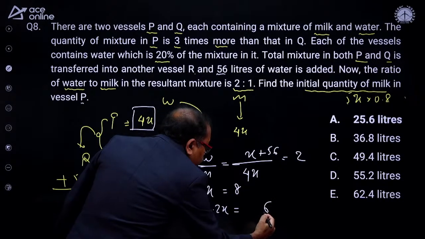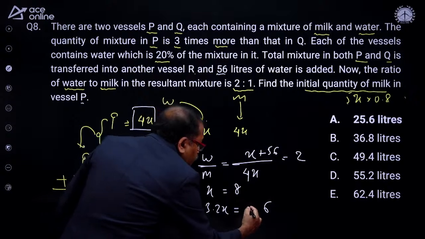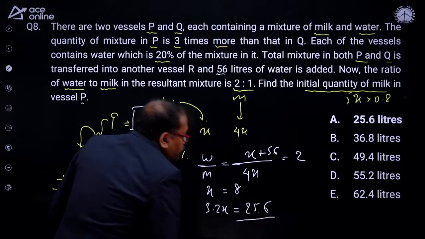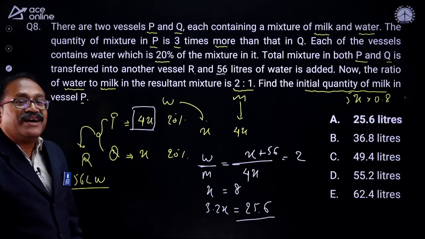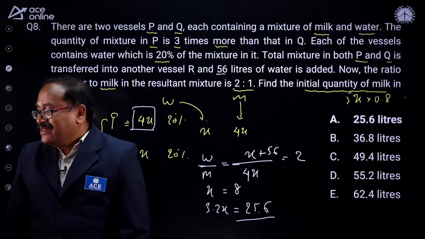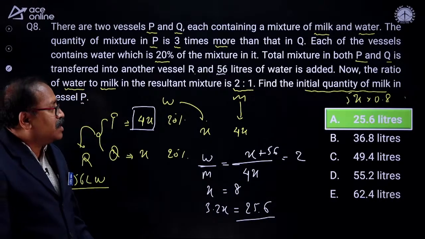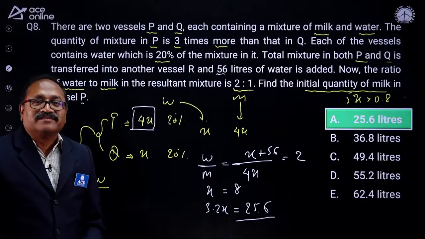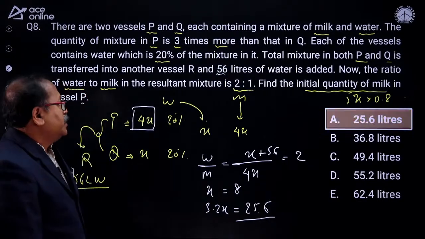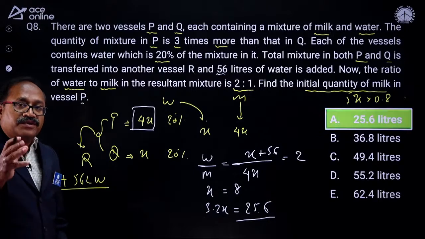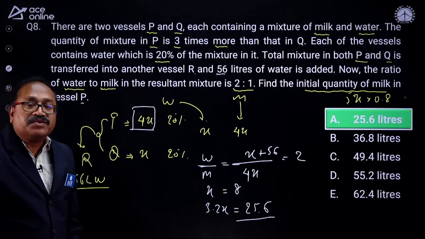That is 8 times 2 is 16, carry 1, and 8 times 3 is 24, plus 1 is 25. This much should be the answer. Yes, my friends. So option choice A. Chaliye. So this is a very qualitative question. We will move on to the next question over here.